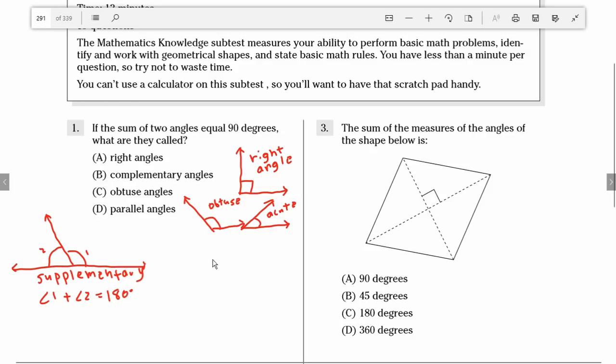By that same token, if you have 2 angles, I'll call this angle 3, and this one angle 4, that add up to 90 degrees, they're called complementary angles.